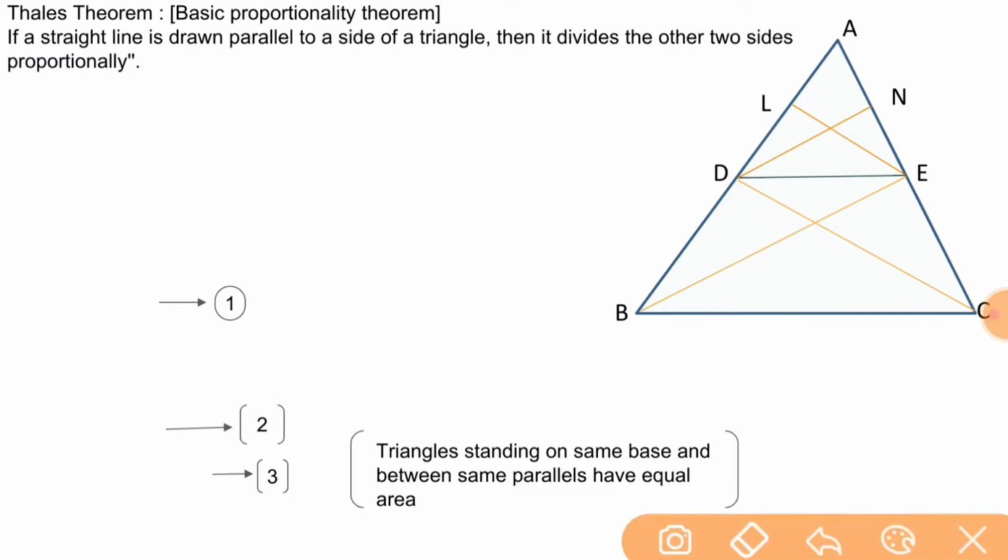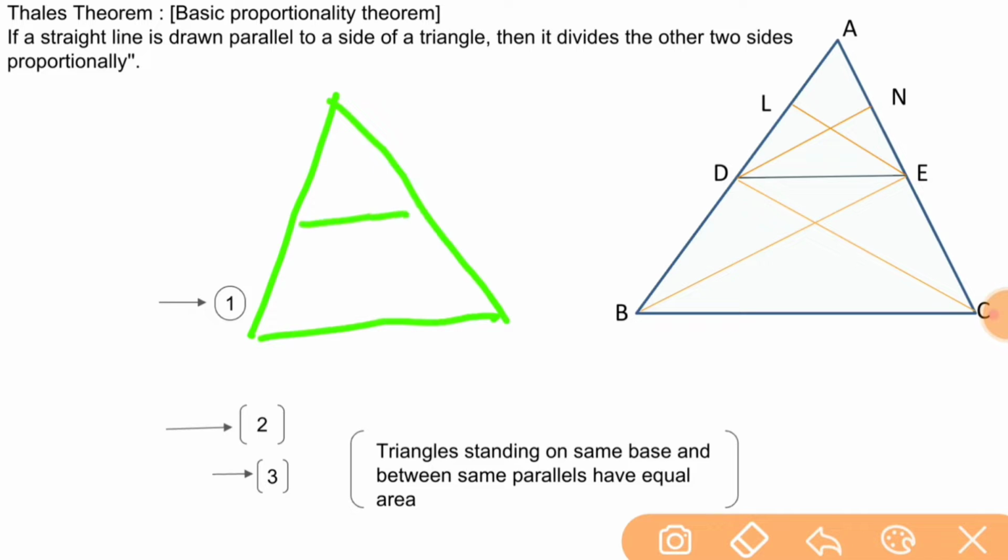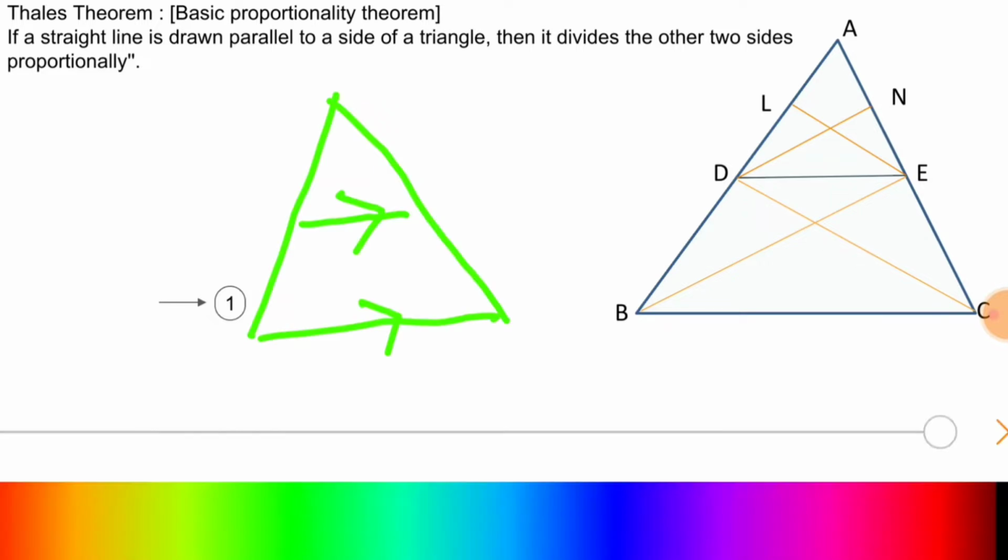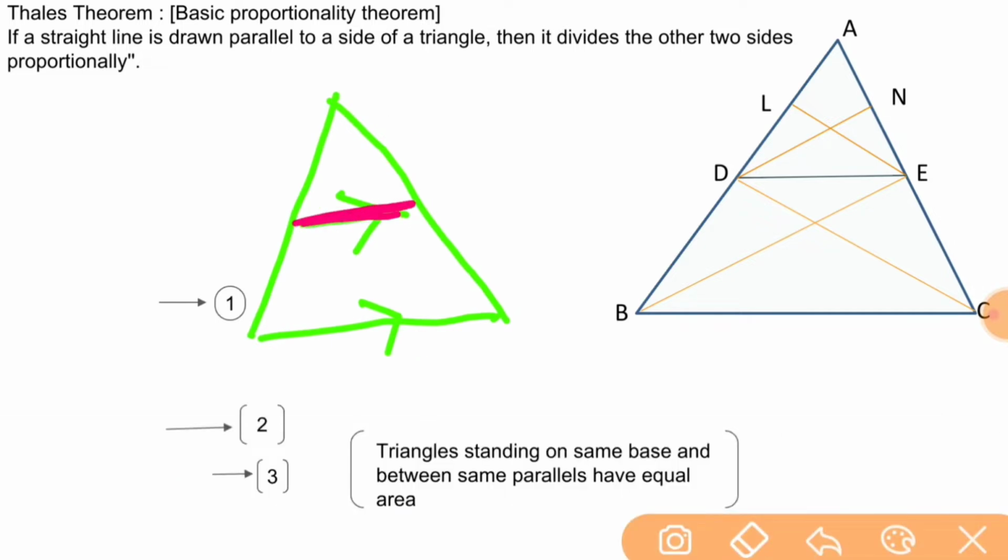Let us see once again what he states. If there is a triangle in this way, and we have drawn a line parallel to one side of the triangle, then this particular line will divide the other two sides proportionally.